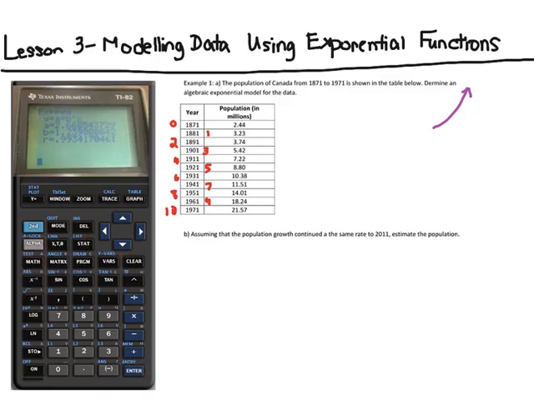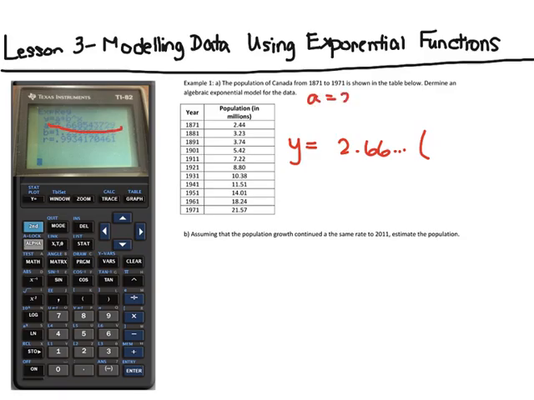This calculates your values for A, B, C, and D. So our exponential model will be y equals 2.66 times, so that's for this number. You should just write down that whole number.